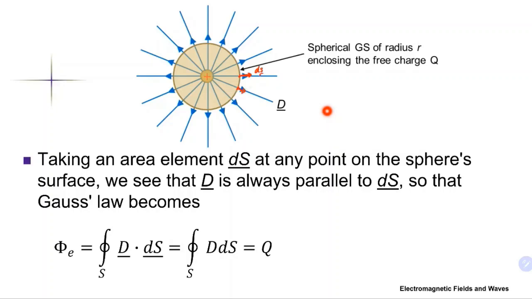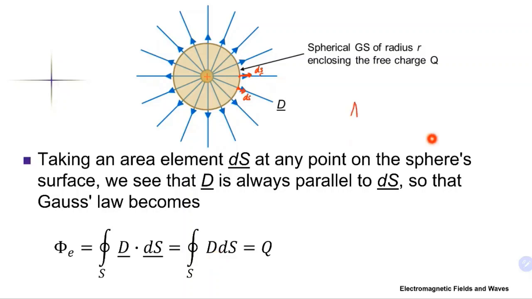At any point, if we go around our spherical Gaussian surface, we find that ds is always parallel to the electric flux density D. And therefore the dot product of D vector dot ds is simply the magnitude of D times ds. We can remove the vector, because they're parallel.